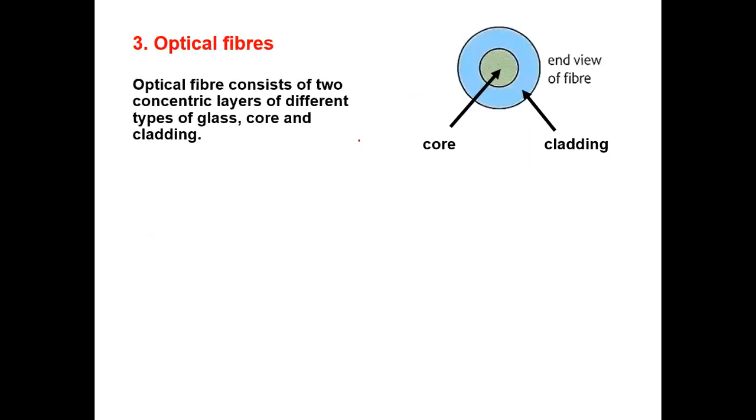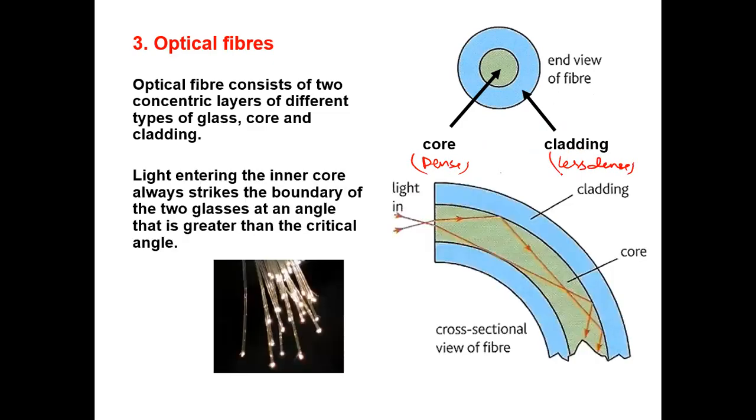Okay, then optic fiber. Optic fiber consists of glass and it is used to transfer data. There are two types of glass. The core is usually of thick glass, so that is the dense medium, and then the cladding, the outer side, is of less dense glass, so that is considered the less dense medium.